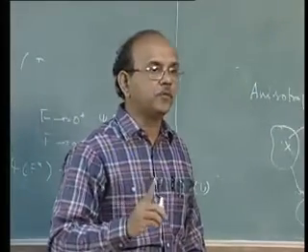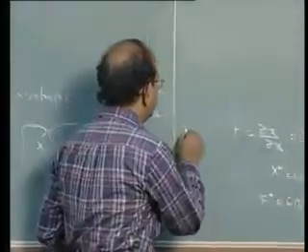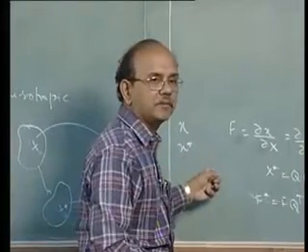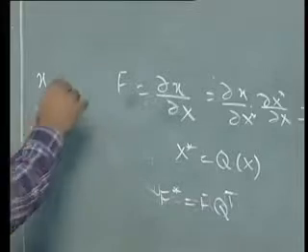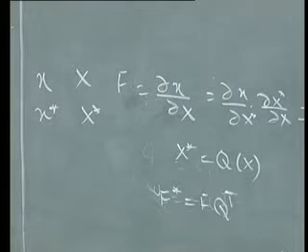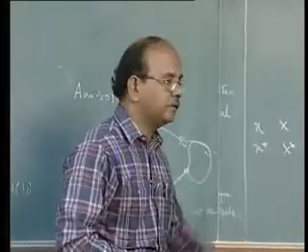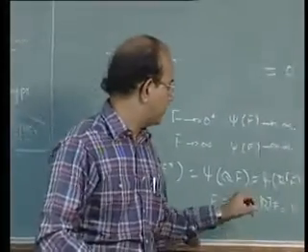So the difference between anisotropy and objectivity is that in objectivity we are looking at x and x star. In anisotropy we are looking at x, capital X and capital X star. Is that clear? Now having studied this, let's get back to certain other issues which are important for us and see how we can represent this.